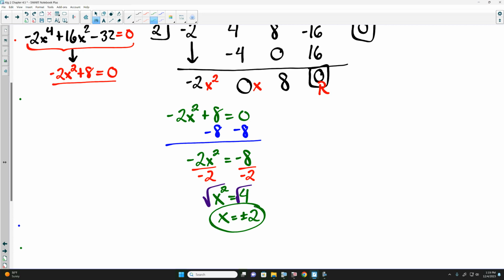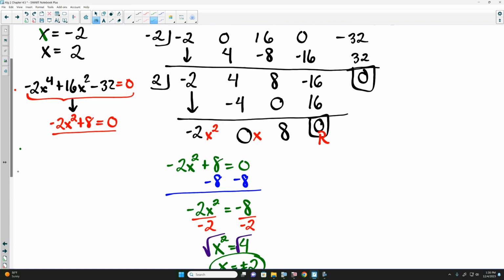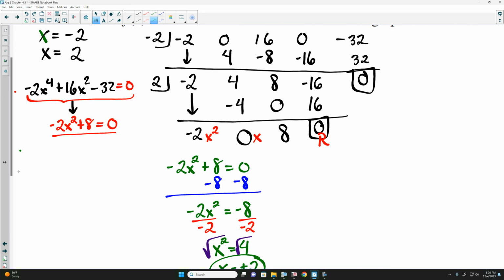So our other two solutions are positive or negative 2. So x is equal to negative 2, x is equal to negative 2, x is equal to 2, and x is equal to 2. So each one of those ended up repeating twice.